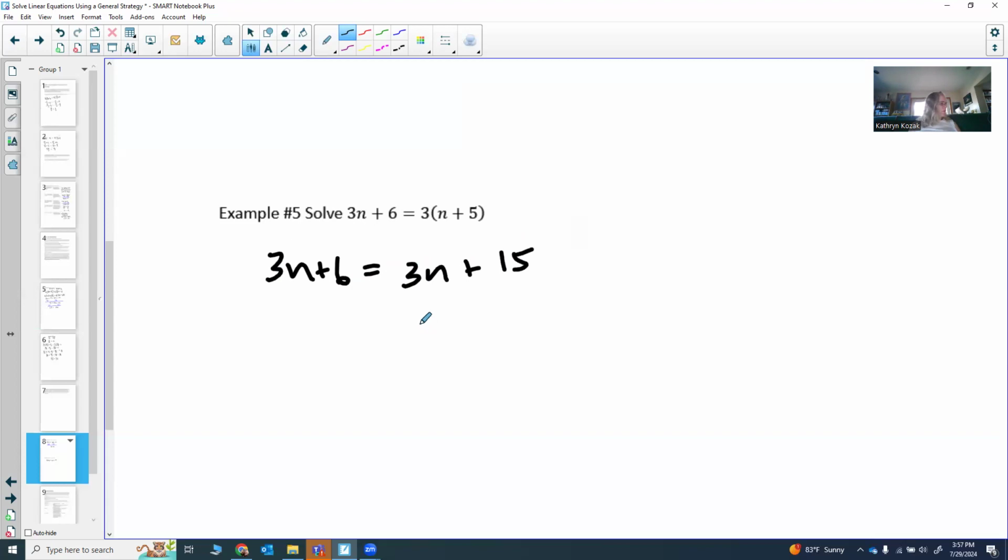Move the variable terms to one side of the equation. Minus 3n, minus 3n gives 6 equal to 15. But 6 never equals 15, so there is no number that will make the equation true. This is known as a contradiction. This equation has no solution.